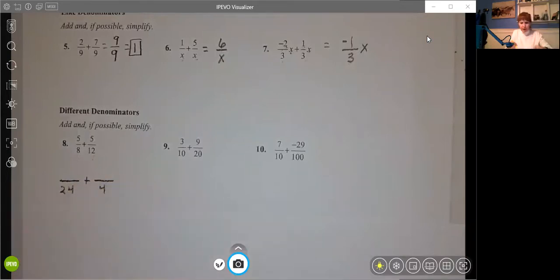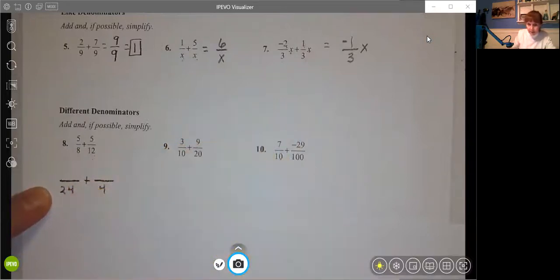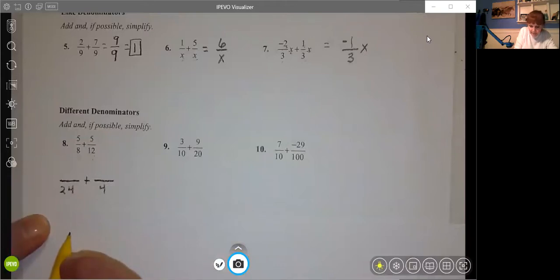So I need to change this to a denominator of 24. And we did this in one of the sections in chapter 3. I'm going to write it here. We're changing 5/8. I want to change it to a denominator of 24. Well, I multiply by 3 to go from here to here.